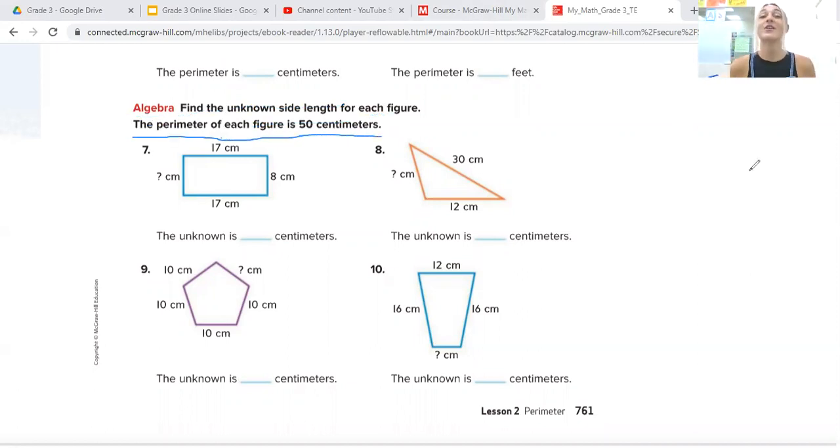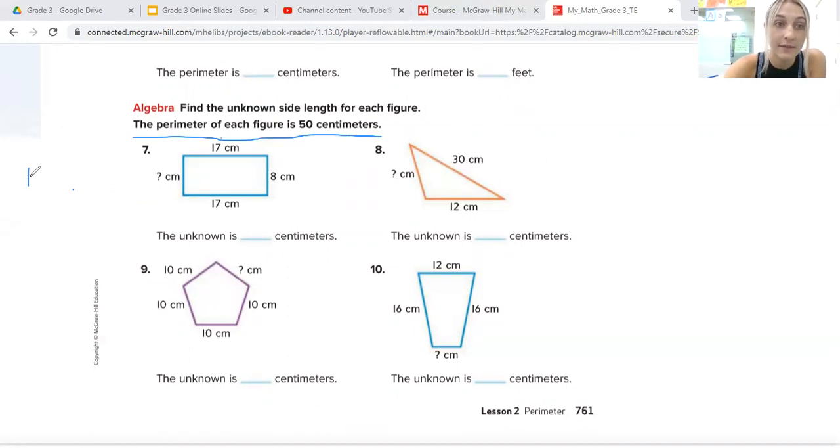So this added all together equals 50. So this is all 50, this is all 50, this is all 50, and this is all 50. So you need to figure out what number is missing to make that equal 50.